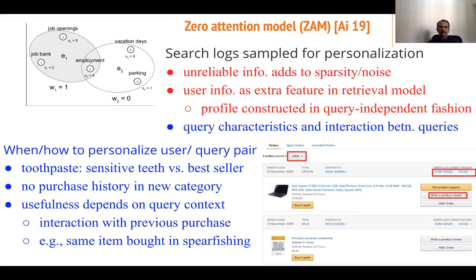No purchase history in a new category, so that could be a problem. Usefulness depends on query context and interaction with previous purchase, maybe for spear phishing, the same item is bought. So representing users' purchase intent with a convex combination between query and user embeddings, as in the hierarchical embedding model which we talked about earlier, applies undifferentiated personalization to all search sessions.